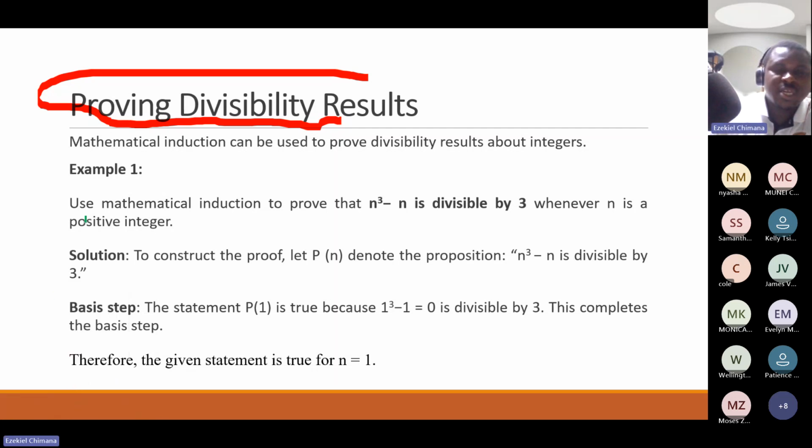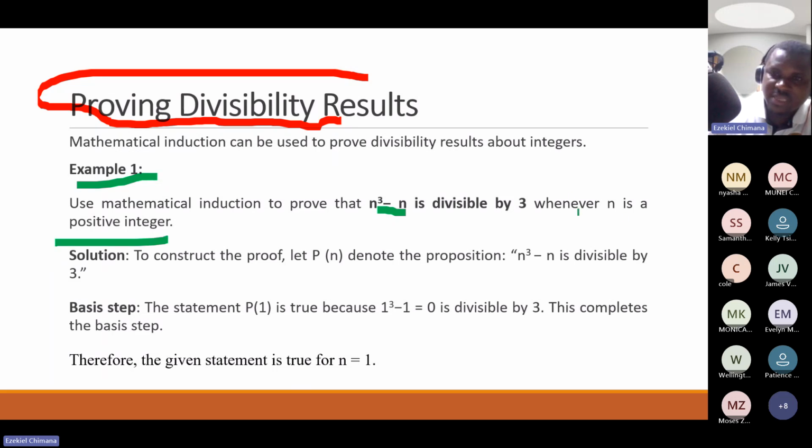So mathematical induction can be used to prove divisibility results about integers, for example, use mathematical induction to prove that n cubed minus n is divisible by 3 whenever n is a positive integer.